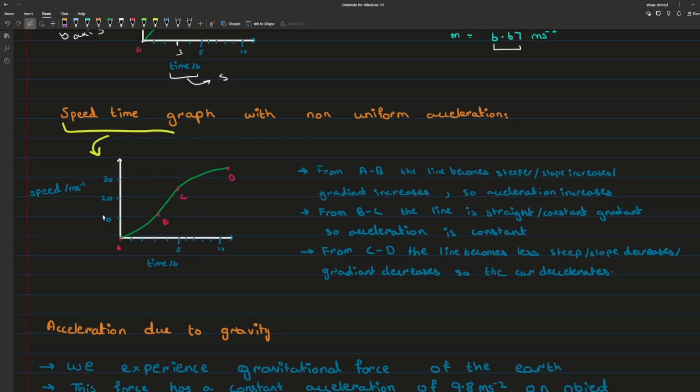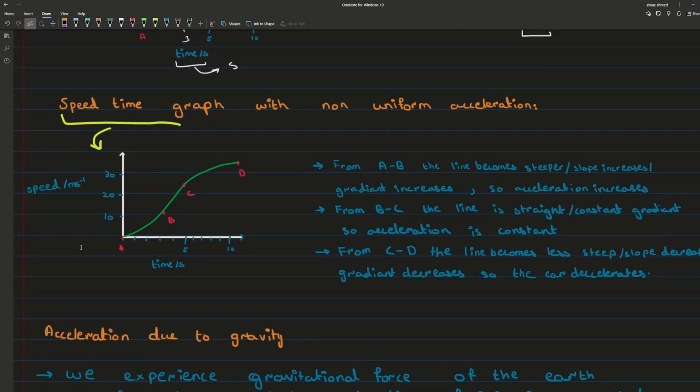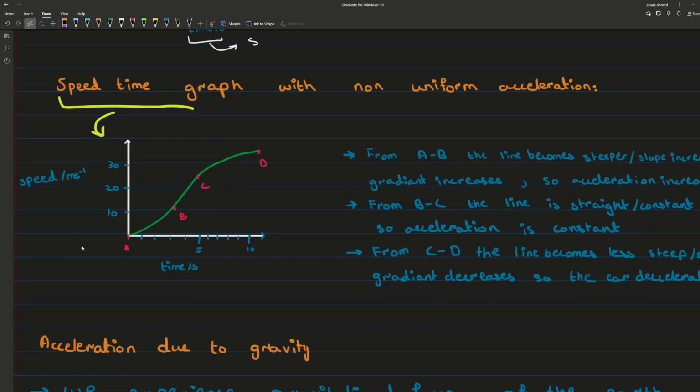Okay, so from A to B we can see that the line becomes steeper, the slope increases, the gradient increases, so acceleration increases. As we know from distance time graph, when the steepness or the gradient of the line increases, that shows that the velocity or speed of that object is also increasing.